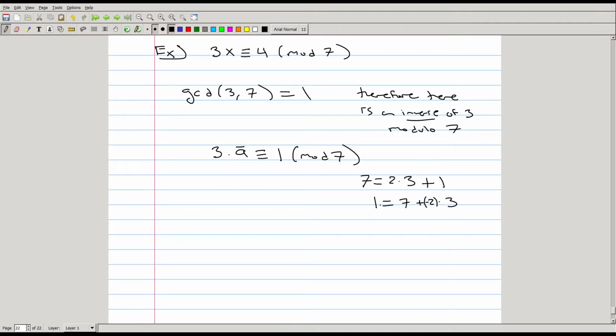You can also see that because we're working modulo 7, -2 is congruent to 5 mod 7. So 5 is also a valid inverse for 3. And you can see that relatively clearly. Specifically, if you do 3 times 5, this is equal to 15.